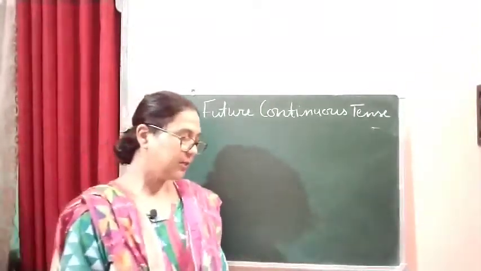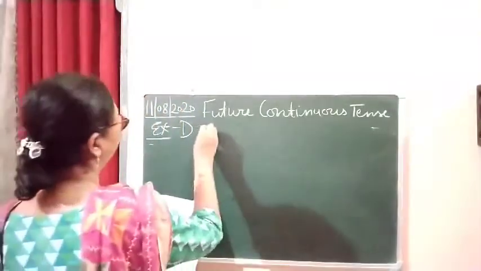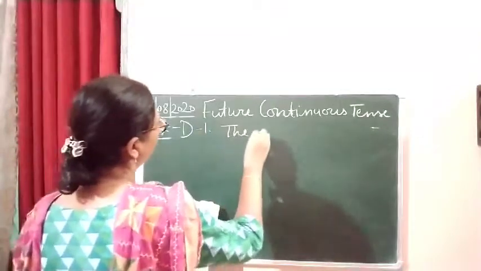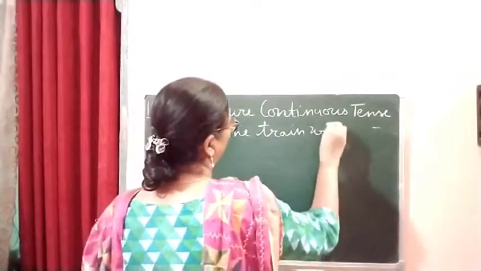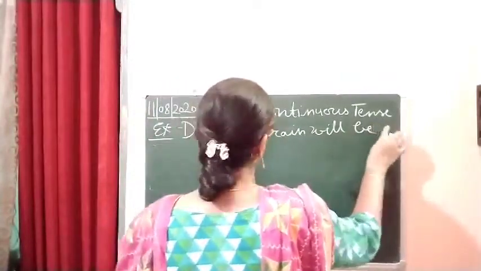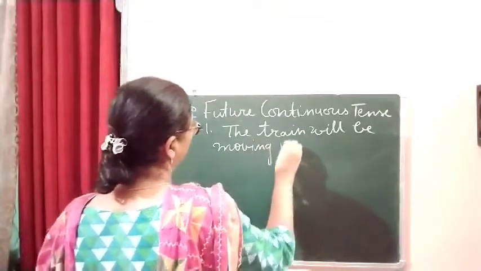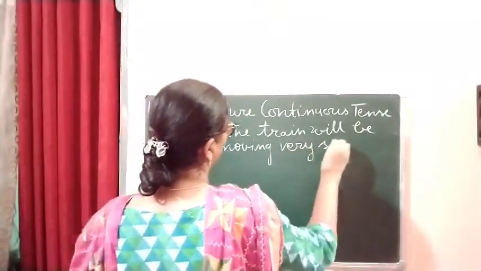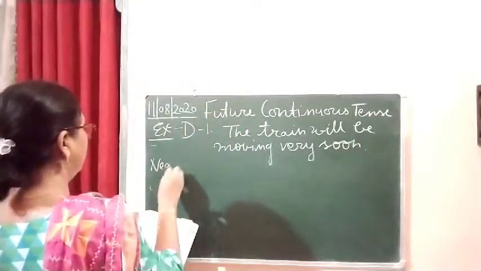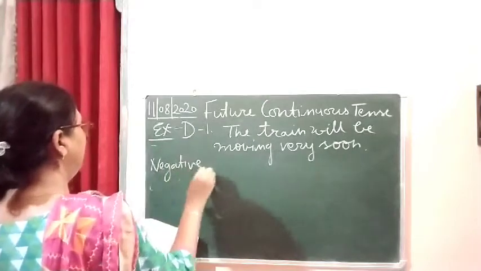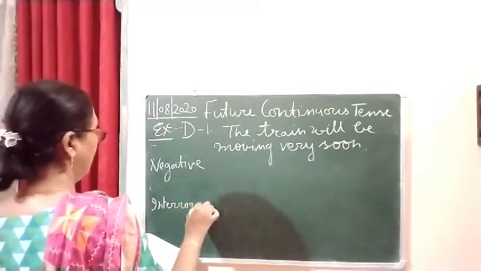First is, the train will be moving very soon. First of all, we have to write the negative form and then the interrogative form.